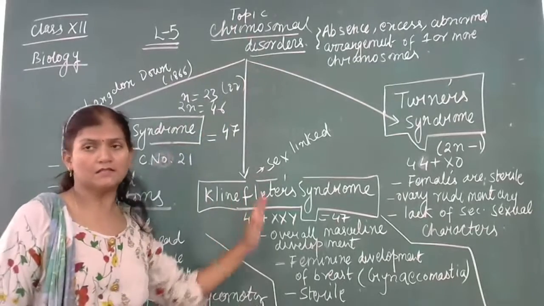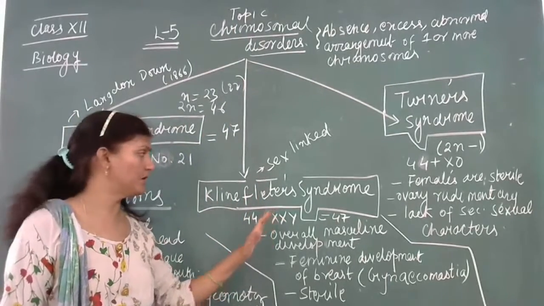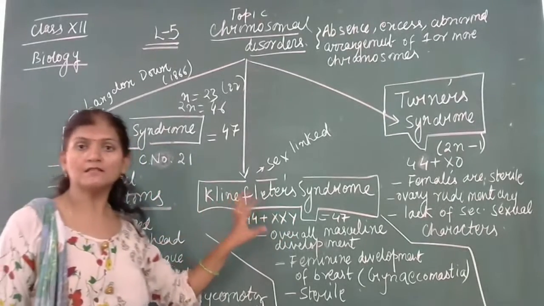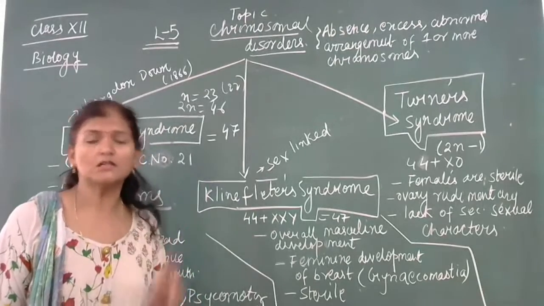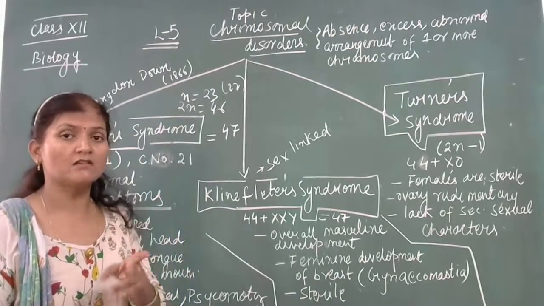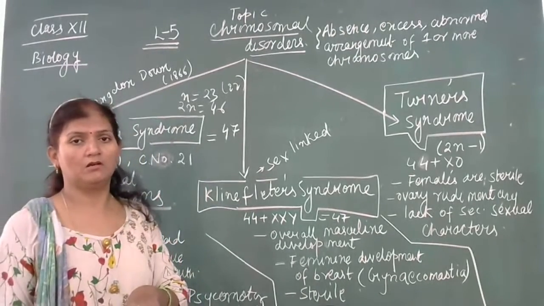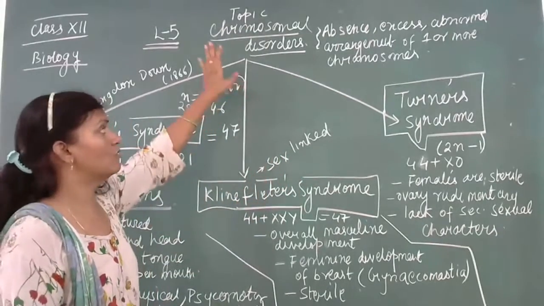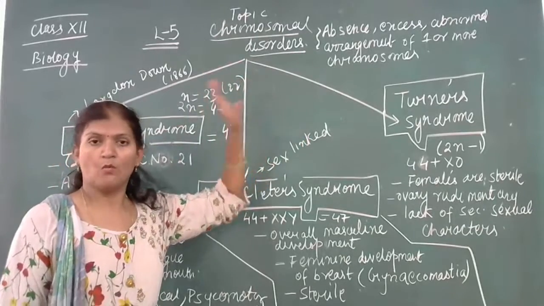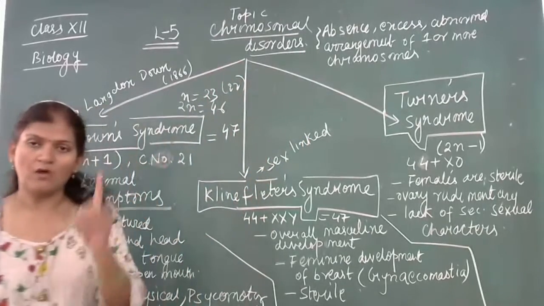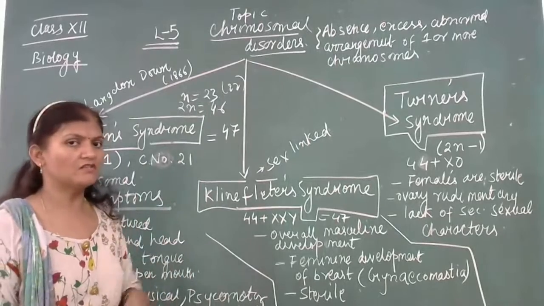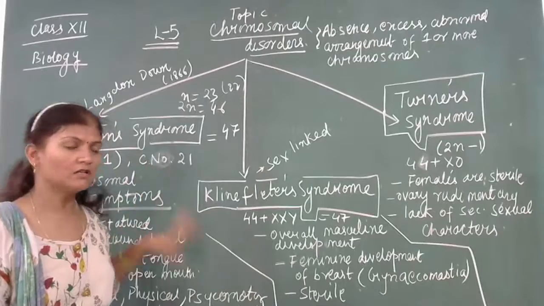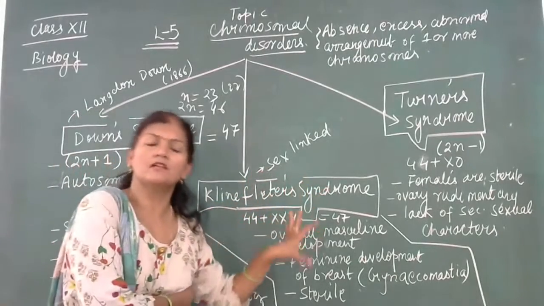And this particular disorder is different from the previous one because it is caused due to a change in the sex chromosome. So it's a sex-linked chromosomal disorder. What is the difference between these two? There are many differences. One difference is that Down syndrome is an autosomal disorder, and this is a sex chromosome disorder.